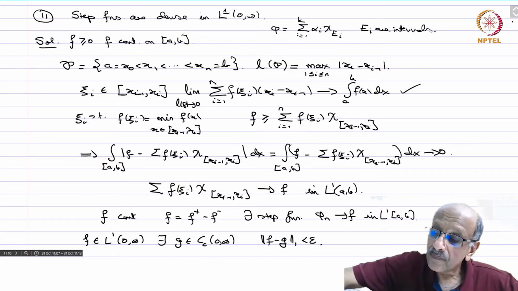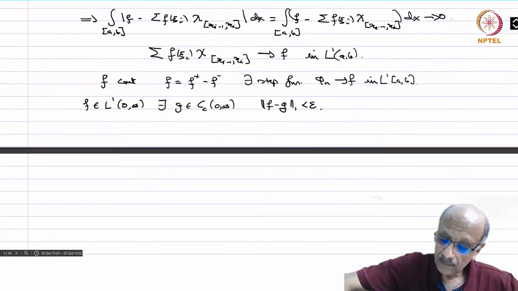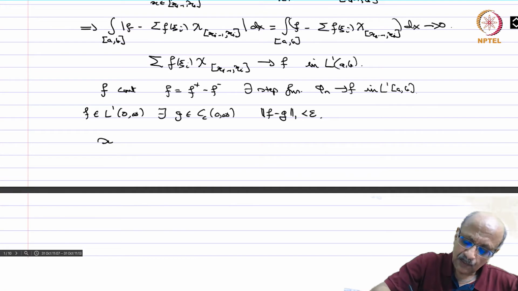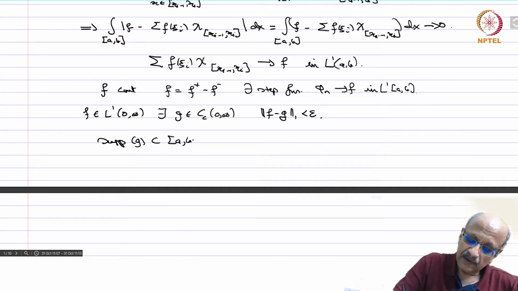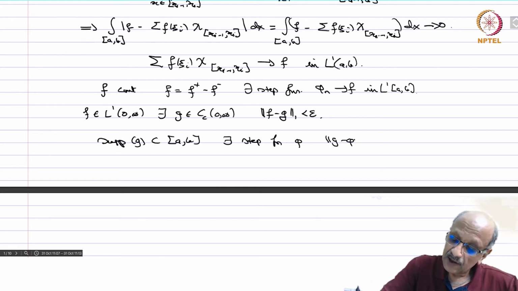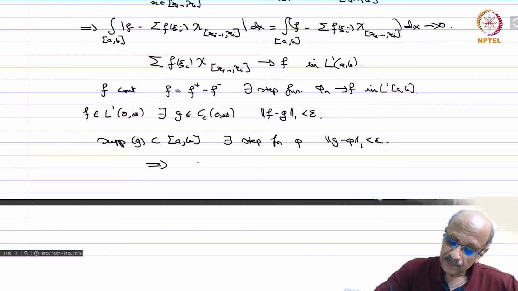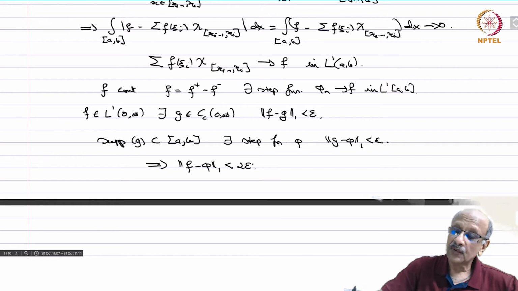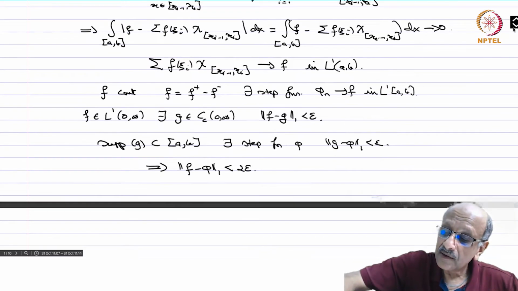Then let the support of g be contained in some compact interval [a, b]; there exists a step function phi such that the norm of g minus phi in L1 is less than epsilon. Therefore the norm of f minus phi in L1 is less than 2 epsilon, and that proves that step functions are dense.